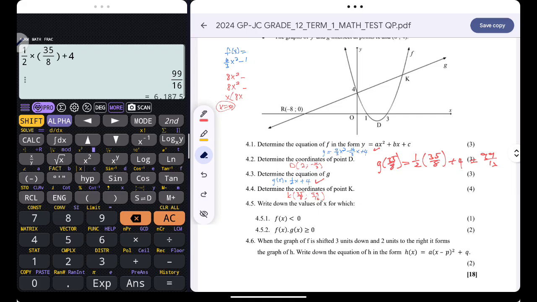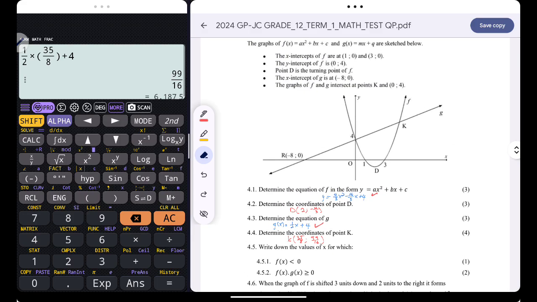Okay, so now they want me to find the values of x for which the graph of f of x is less than 0. My graph will be less than 0 if and only if the graph is below the x-axis. Why? Because remember, guys, y represents the curve. So when y is positive, the curve is also positive. When y is negative, the curve is also negative.